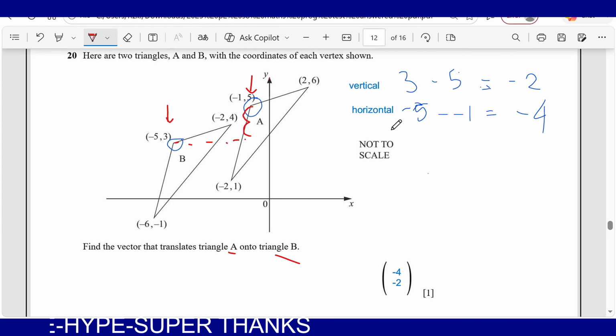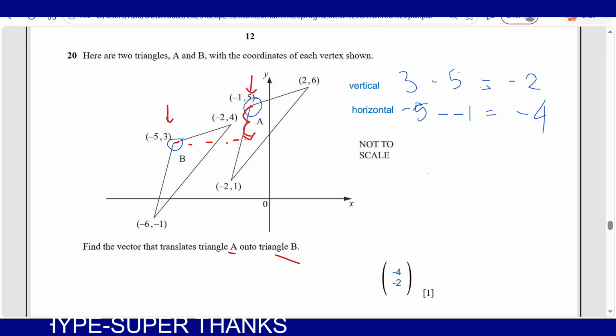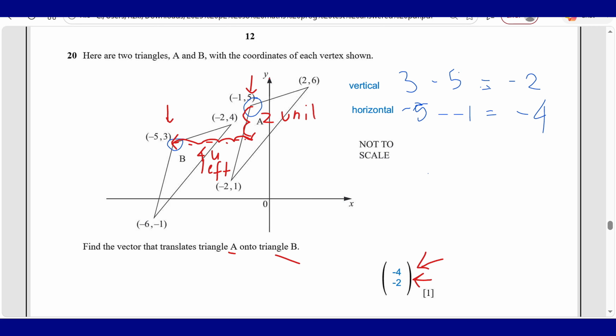So we move down 2 units, and then the horizontal movement is from -1 to -5, so we have to move -1, -2, -3, -4, -5. So 4 units to the left, and 2 units down.